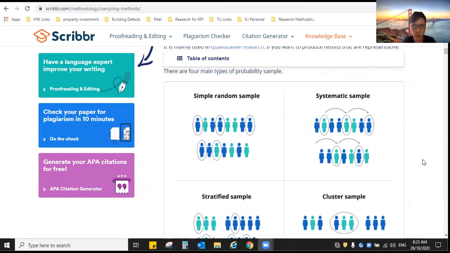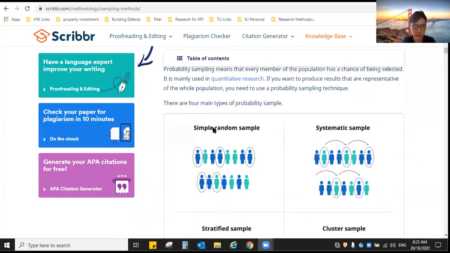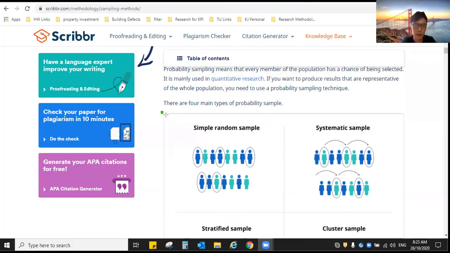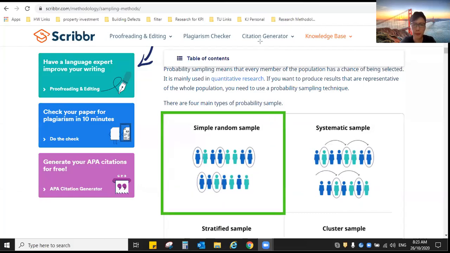Let me show you the first one. For probability sampling, I simply randomly choose, so this is called simple random.